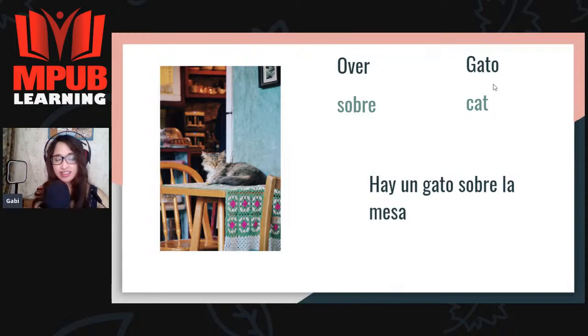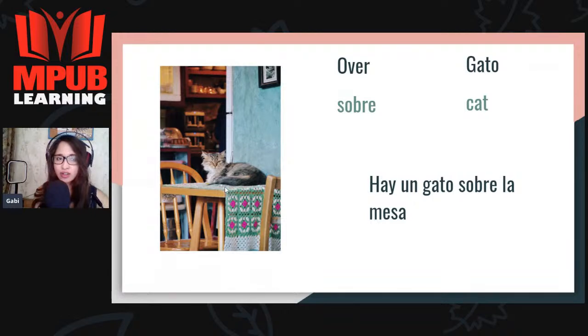Now, we already learned this word, gato, cat. And over, sorry, the colors are wrong, but whatever. Sobre. Hay un gato sobre la mesa.